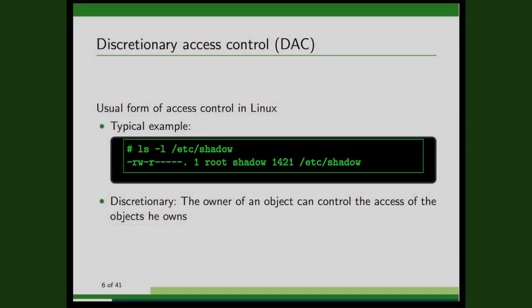This is nothing new for you, so I won't explain it. The main point here is the word discretionary. The owner of an object can control the access of the object he owns. So if root decides to give this file to someone else or make it world readable, then there's nothing that prevents him from doing that.